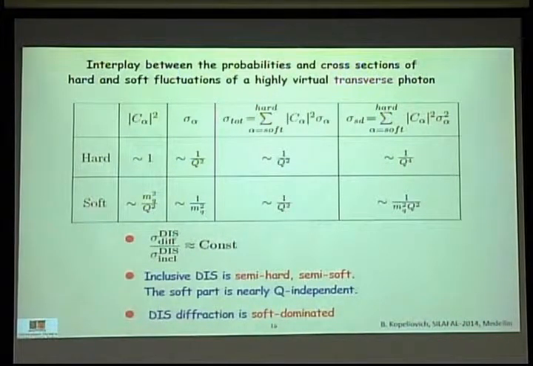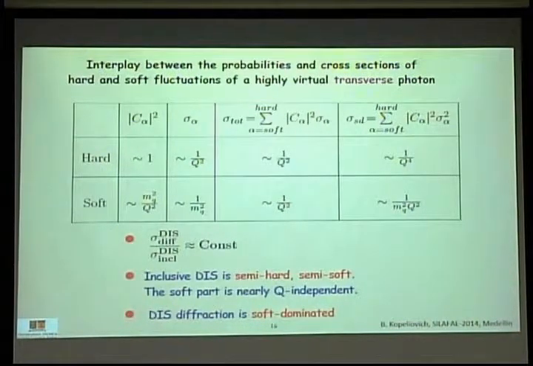And for soft, the weight is the same, and the cross-section is large. And you have a much bigger cross-section than that. And we have a very important conclusion that diffraction, what is usually called hard diffraction, is not really hard, it's soft-dominated.